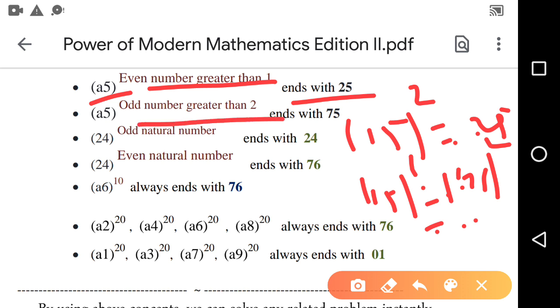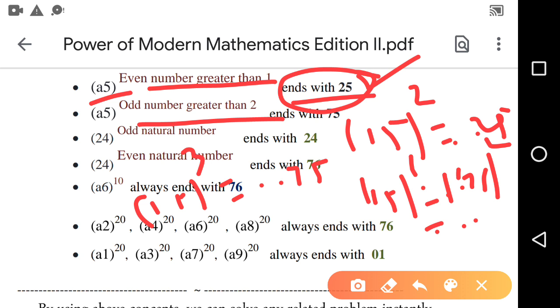If we raise it to an odd number greater than 2, like 15 cubed, then it will end with 75. A number ending with 5 raised to an even power ends with 25, and a number ending with 5 raised to an odd power ends with 75. Simply consider 25 and 75.